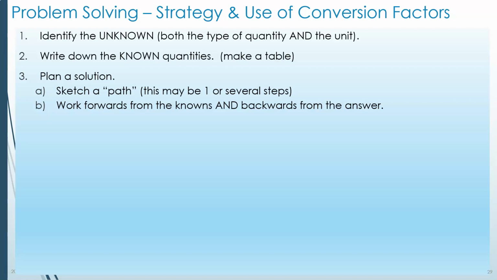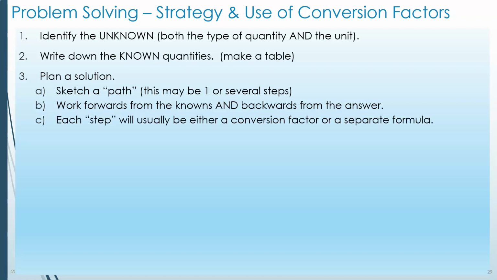What do I need to get to that end? You can work backwards from the answer as well as forward from the knowns. Therefore, you'll end up with a pathway that links the things you know to the things you need to calculate first, to the things you finally will calculate in the answer, the unknown that you desire.